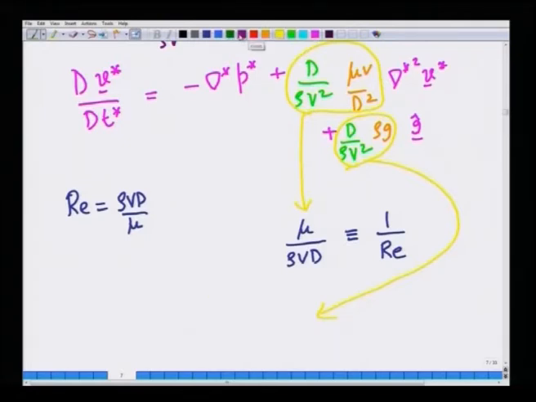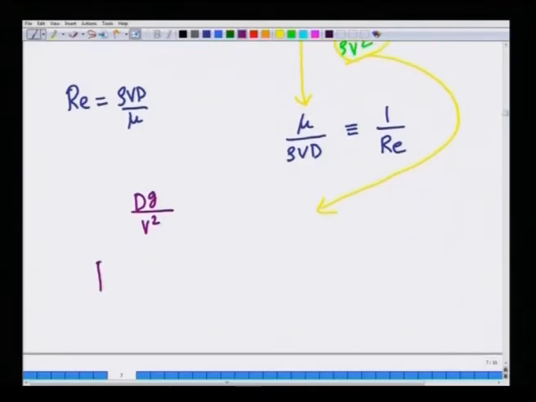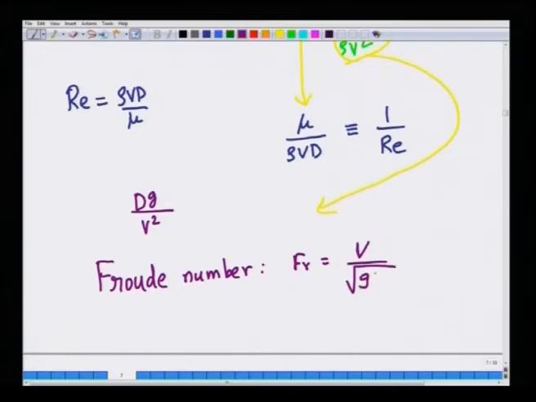This is nothing but D g divided by V squared. Okay. That is the other group that comes about, but traditionally a Froude number is defined as Fr is V by square root of g D. So, what you have is 1 over Fr squared, 1 over Froude number squared.